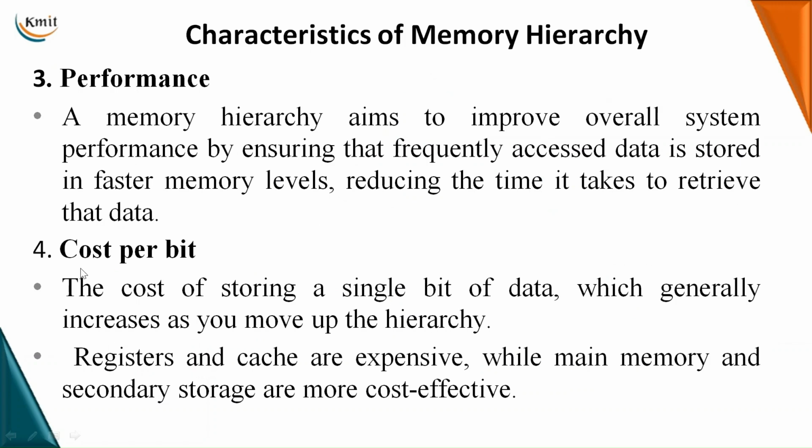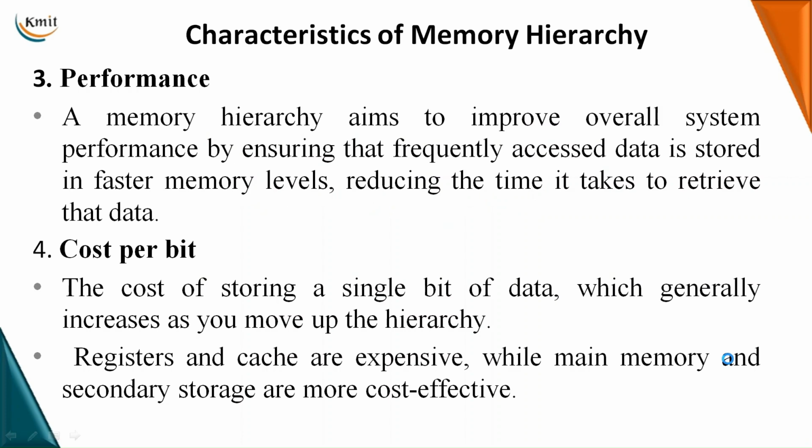The next characteristic is the cost per bit. Cost per bit is nothing but the cost of storing a single bit of data into your memory or storage device. If you look at the hierarchy, it generally increases as you move up. The registers and cache are very expensive, whereas your main memory and secondary storage devices are more cost effective.